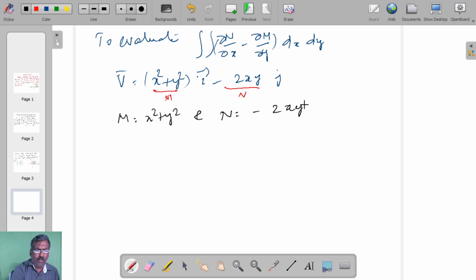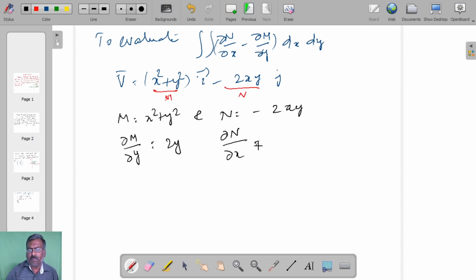Now we have to find dou M by dou y. So differentiate partially with respect to y only. First one is x squared, so its differentiation value is 0. For y squared, the differentiation is 2y. And the next one, we have to differentiate N partially with respect to x.